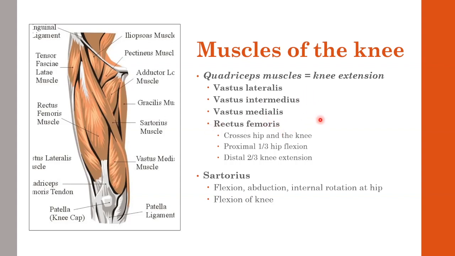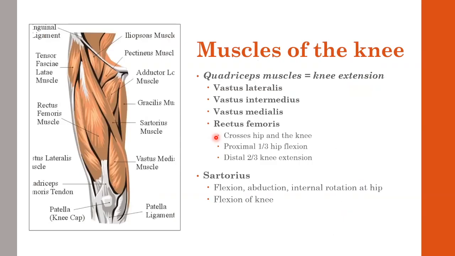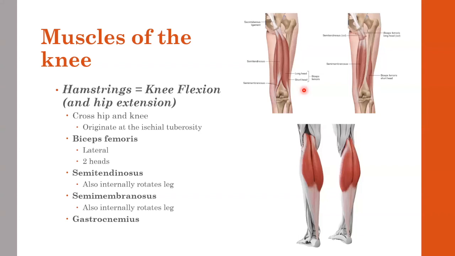And outside of the quadriceps, another extrinsic muscle that acts on both the hip and the knee will be our sartorius. For muscles responsible for knee flexion, this will be our hamstrings. It's also noteworthy to point out that our quadriceps are responsible for knee extension and hip flexion, and our hamstrings are responsible for knee flexion and hip extension.